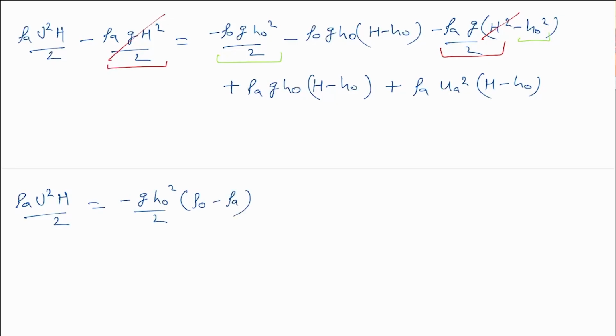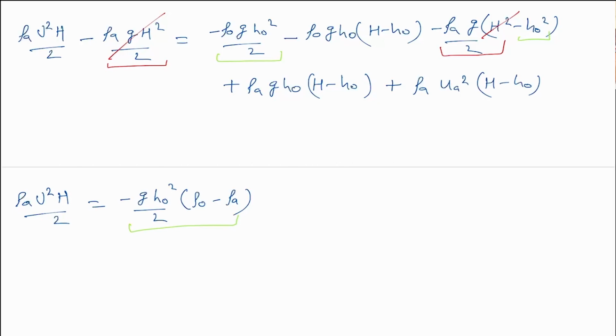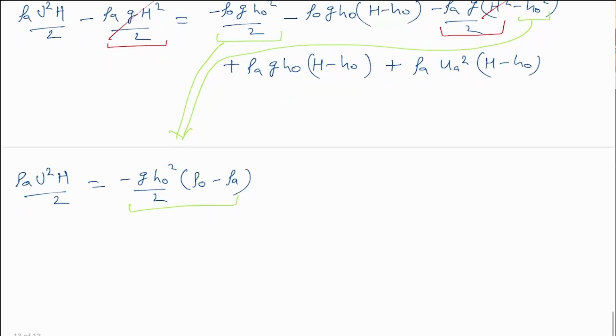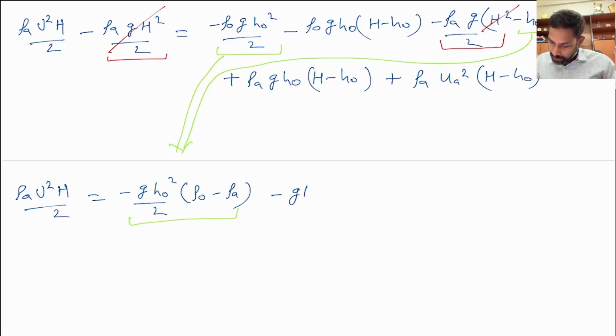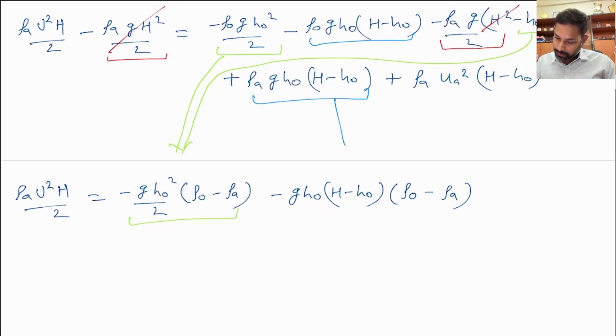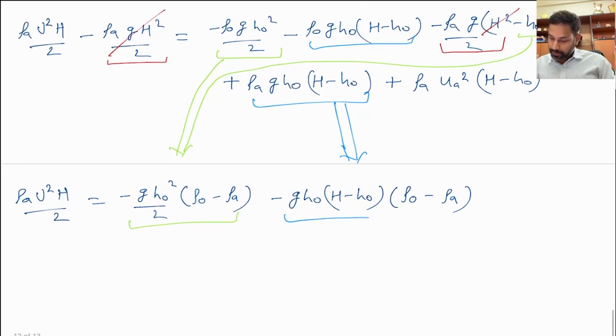So this particular term is coming from these two things together. All right, and then we have minus g h naught (capital H minus h naught), this can be written as (rho naught minus rho a). So these two things together have formed this particular term here. Okay, this blue one.